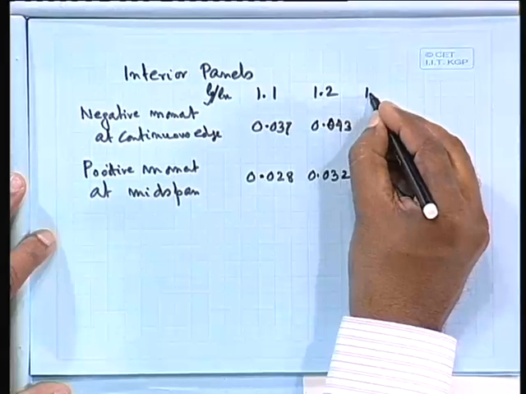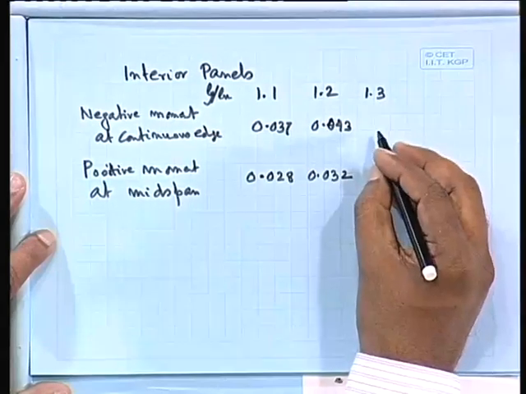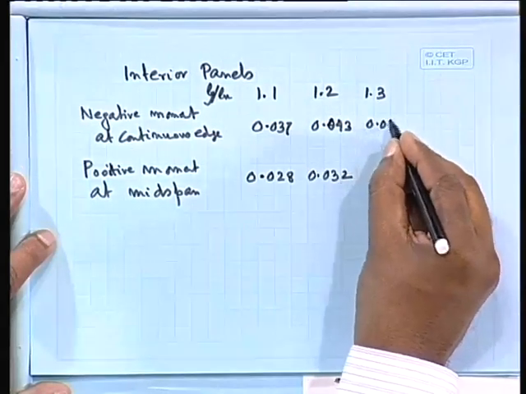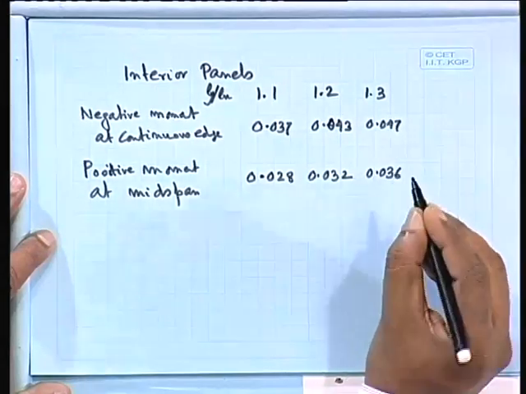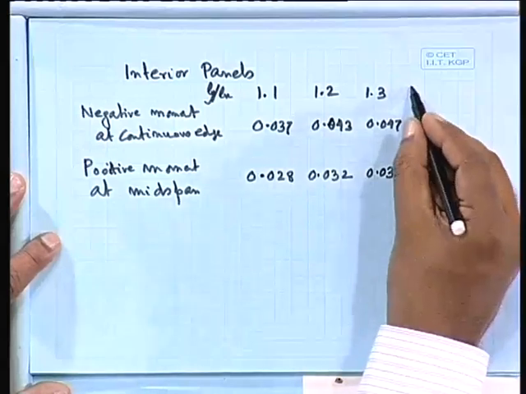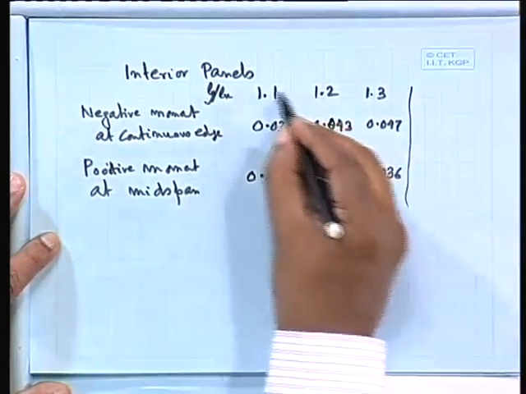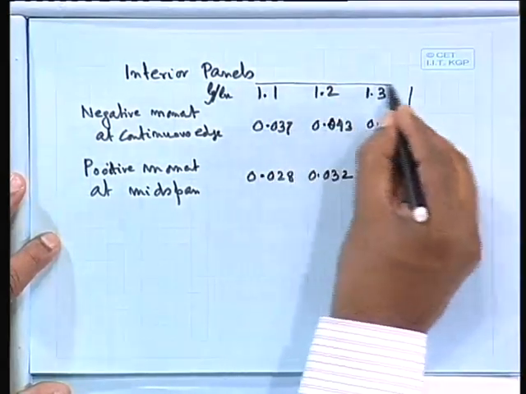One more I can write down, 1.3, for that 0.047, 0.036. But this is for shorter span, these values are for shorter span.